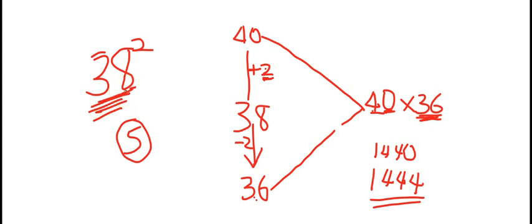And because we added 2 to 38 to get 40, we subtract 2 from 38 to get 36. Then we multiply the top 40 and the down 36, and that answer is kept. Then because the 2 was a difference, we square the 2 and add it to the existing number, and that is our answer. As simple as that. Let's take another example and see.